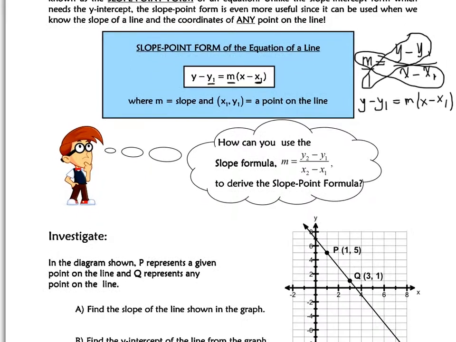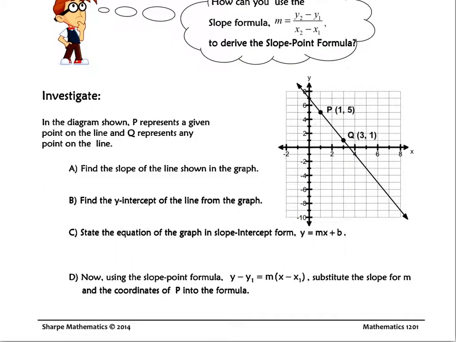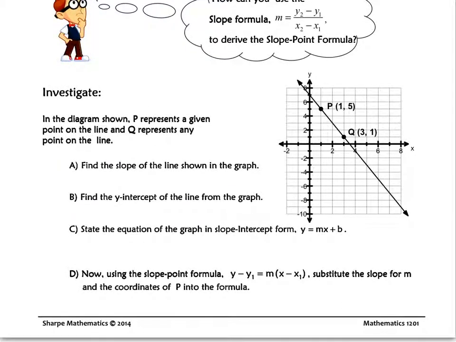So we look at this little investigation here now. It says find the slope of the line shown in the graph. So the slope of that line would be 1 minus 5 over 3 minus 1, if we just take the y coordinates, this y minus that y, and this x minus that x.